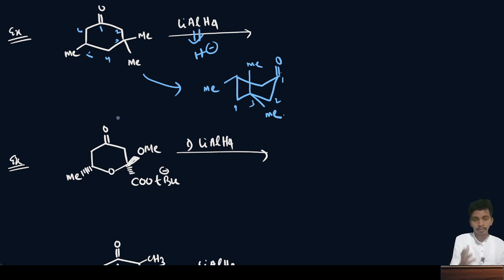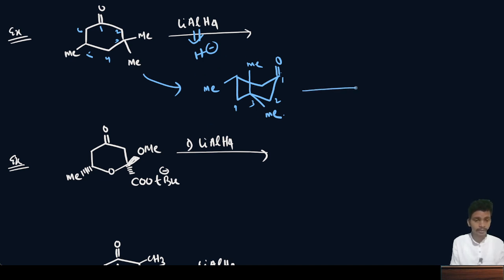But here, in both cases, atoms are there, so one has to be equatorial and one has to be axial. Even if the stereochemistry is not mentioned in this case, it is given that 2 methyls are there. So on one carbon center 2 possibilities are there: one has to be axial and one has to be equatorial. So if these are the same, then we can do one at equatorial, one at axial, and one at equatorial.